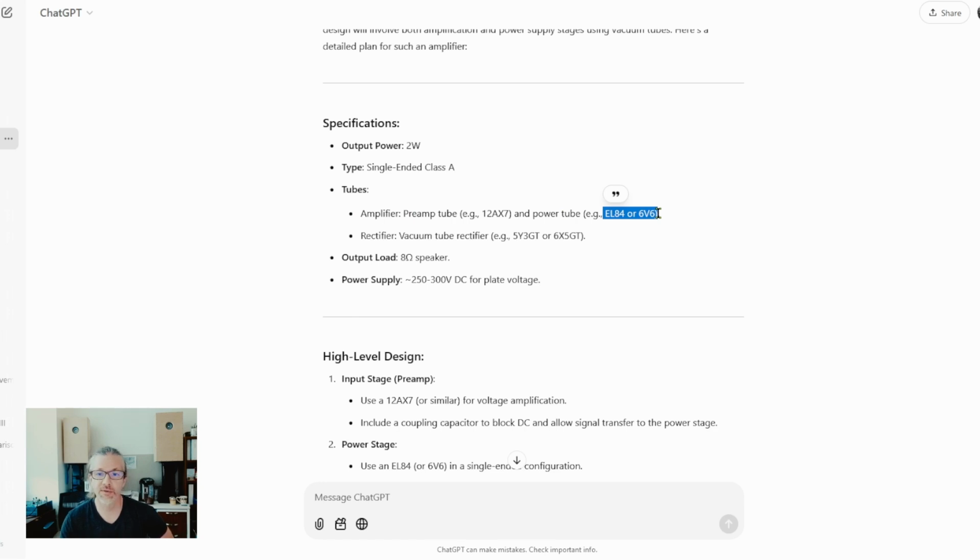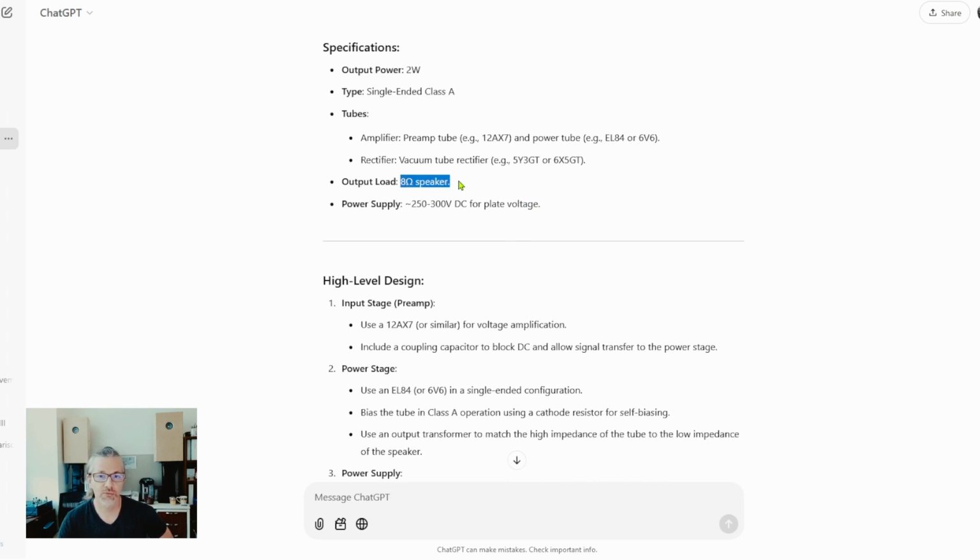So that's what it gave as a recommendation. And for rectifier 5Y3GT or 6X5GT. And output 8 ohms and power supply 250 to 300 volts DC for plate voltage.